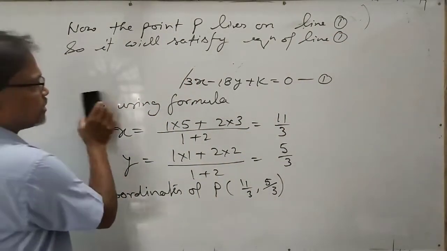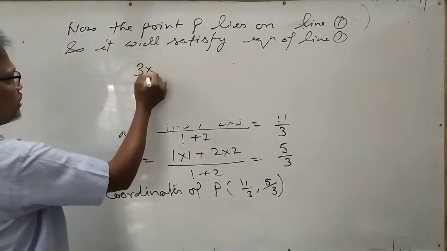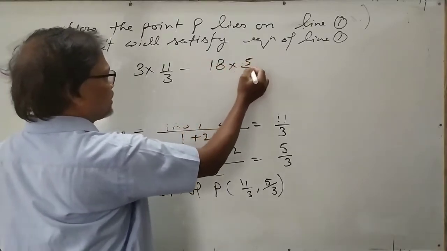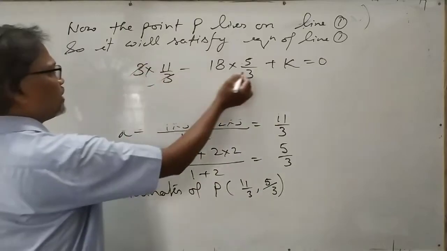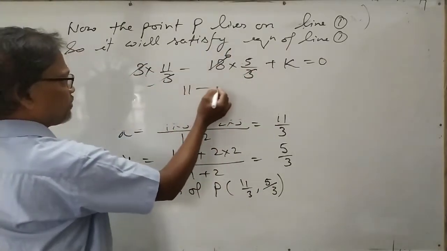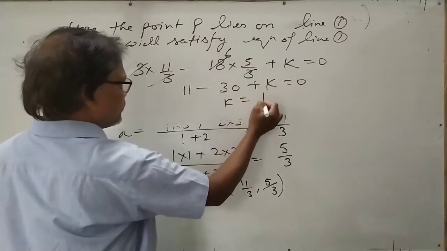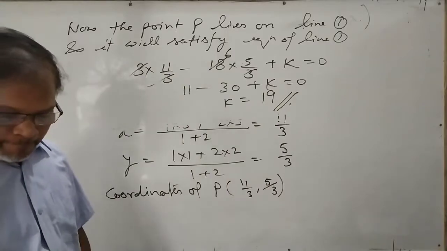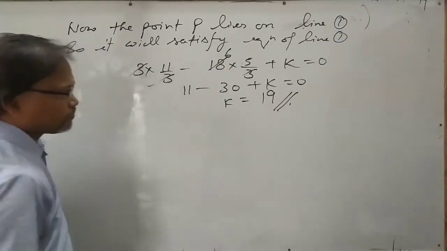Now put the values in place of x and y: 3 into 11 by 3 minus 18 into 5 by 3 plus k is equal to 0. So it will be 11 minus 30 plus k is equal to 0, or k is equal to 19. This is the value of k. So this is a simple way you can find the value of k.